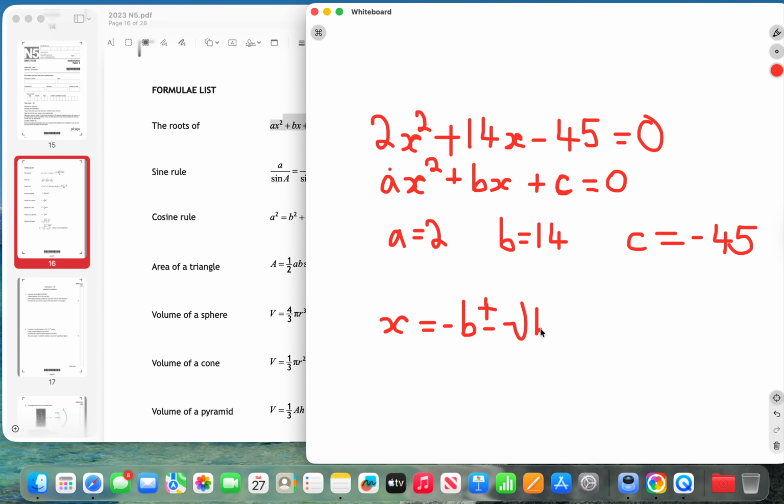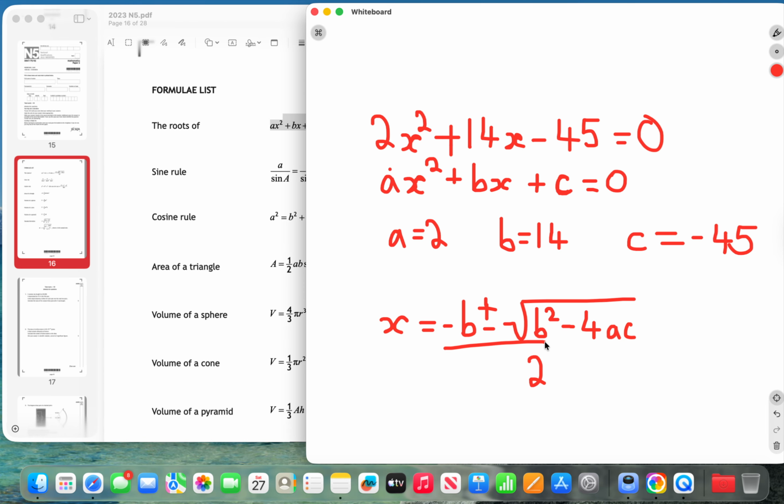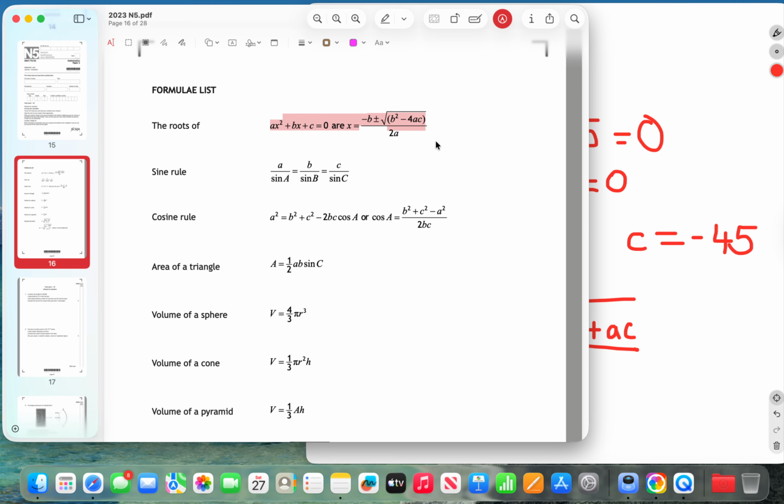So the b squared minus 4ac has to all be inside the square root, and it's plus or minus, and this is all divided by 2a. Make sure you put the line across the whole of the minus b plus or minus the square root of b squared minus 4ac. Make sure you copy this down exactly as it appears, and it's highlighted in red.